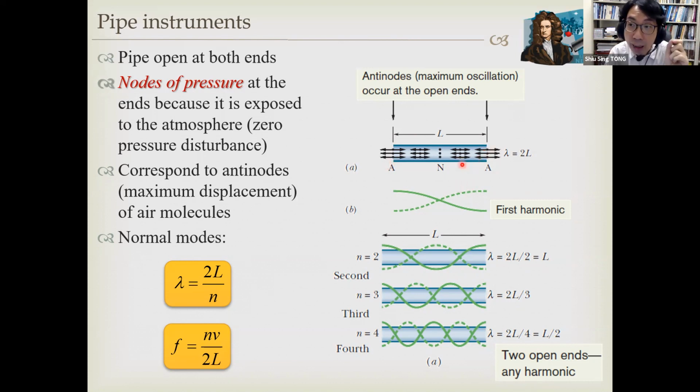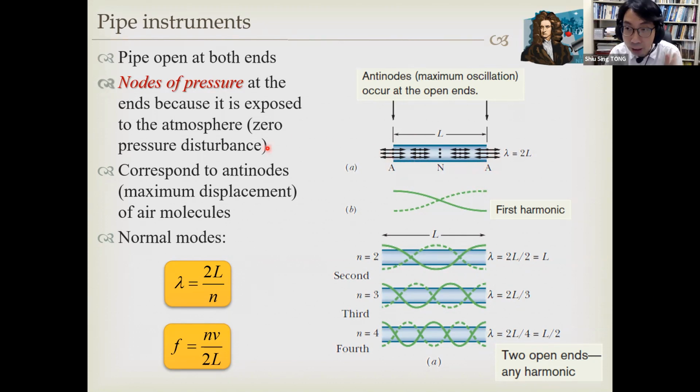When both ends are open and a standing wave is formed inside, the vibration of the air molecules will be maximum. There will be a maximum in the displacement of the air molecules, an antinode of the displacement at the ends. Why is it so? You may wonder why the displacement of the air molecules is maximum at the open end.